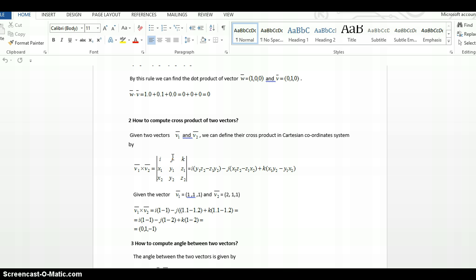So to find j, j therefore is x1 times z2 minus z1 times x2. If I make an expression for j, it's like deleting the row horizontally and vertically.